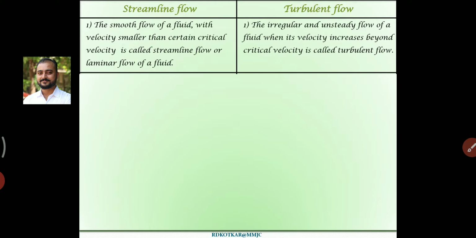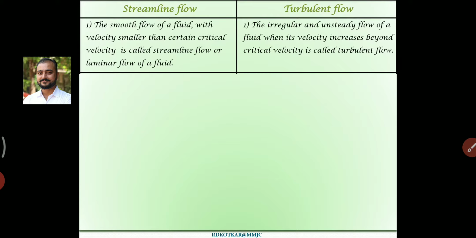Then the second, first distinction point: the smooth flow of the fluid with velocity smaller than a certain critical velocity is called streamline flow or laminar flow. Once we consider a certain velocity, below which the velocity of a liquid flow is known as streamline flow, that particular velocity is called the critical velocity.